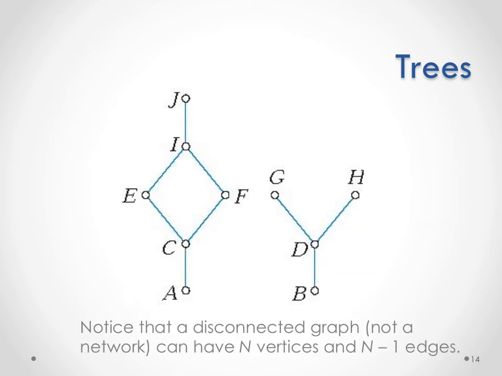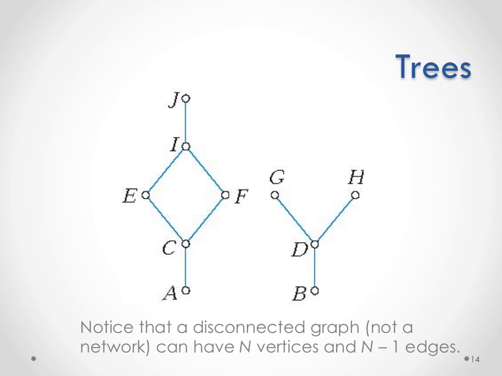But notice that there are some graphs that have these properties but are not considered trees. Looking at this one, you can probably tell immediately this is not a tree. If you didn't notice the circuit, then you definitely noticed that it was disconnected. But it has two reasons why it is not a tree.